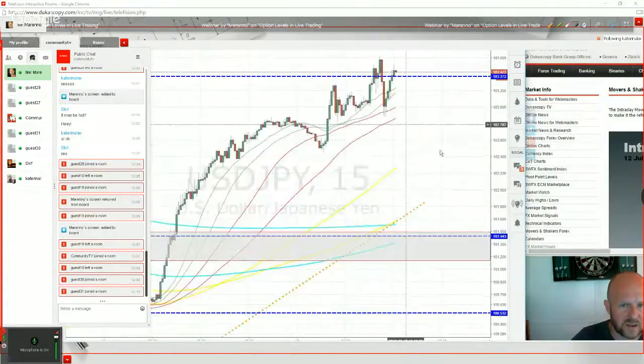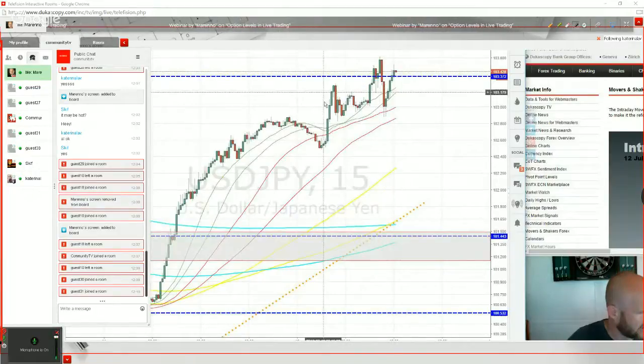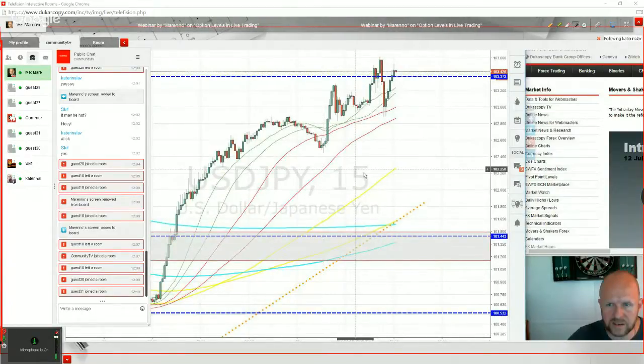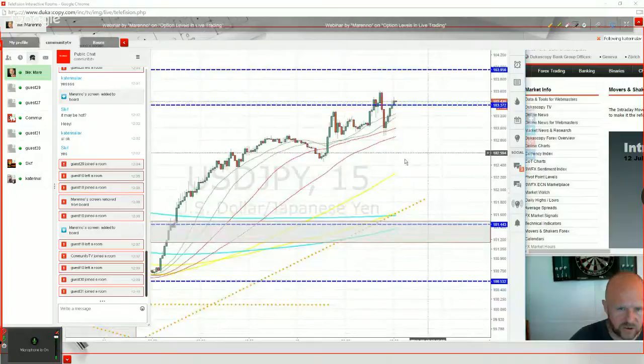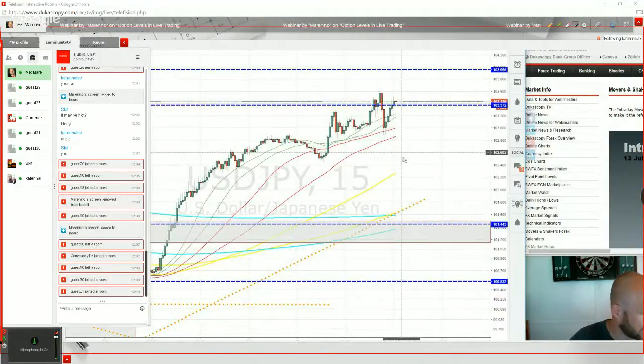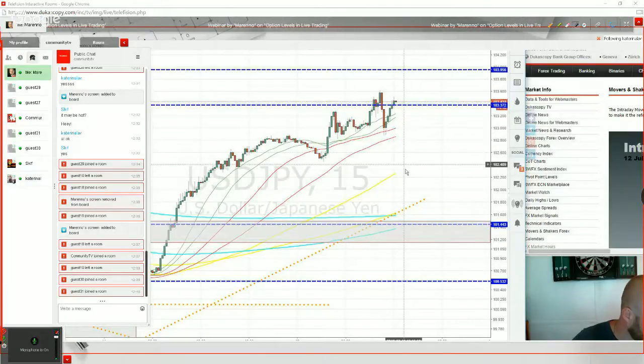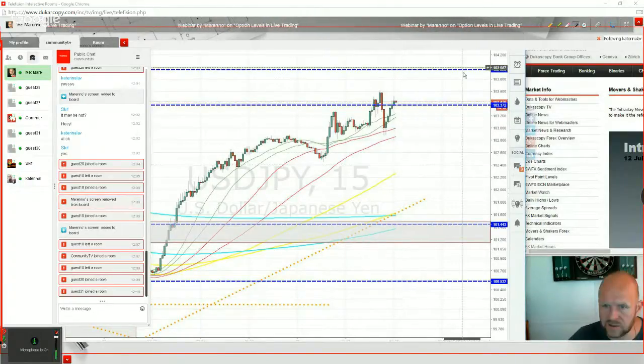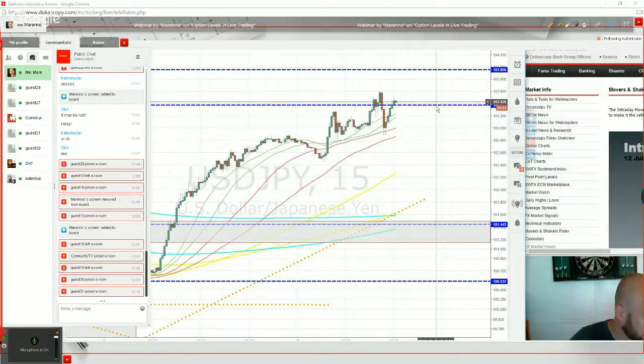Dollar yen. Okay, I haven't put any lines here yet. So let me show you what is going to happen here. 690-101-690 is already broken.